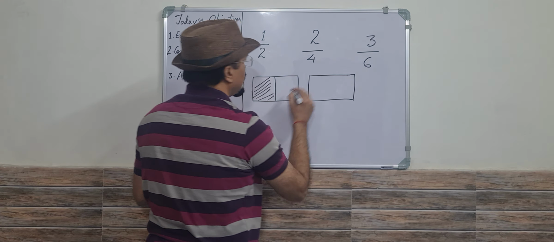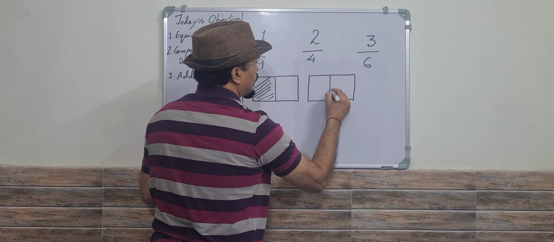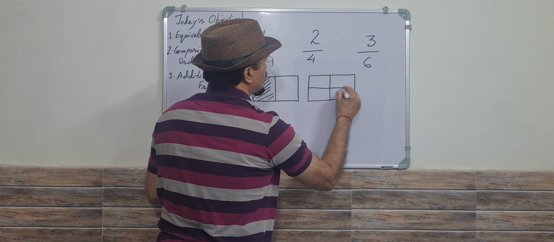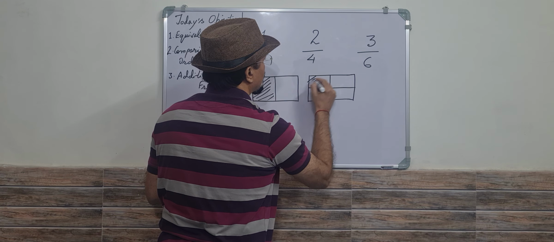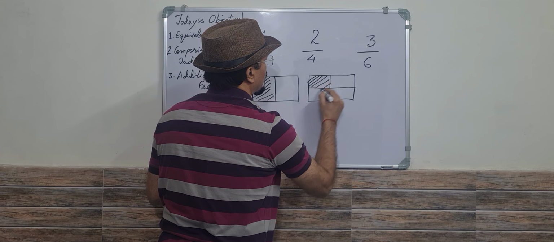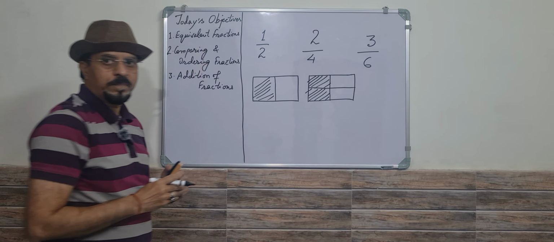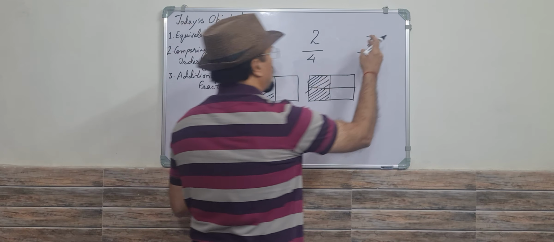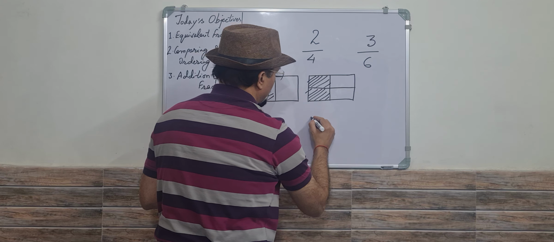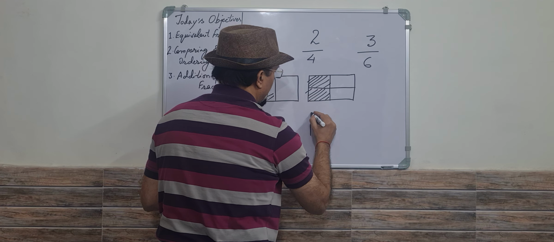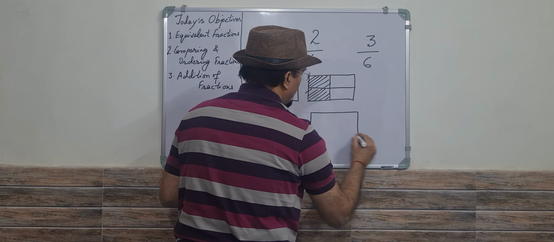So supposing I make it like this, which means 2 parts out of 4. And suppose I say 3 by 6, so let me make another similar rectangle and make it into 6 equal parts.